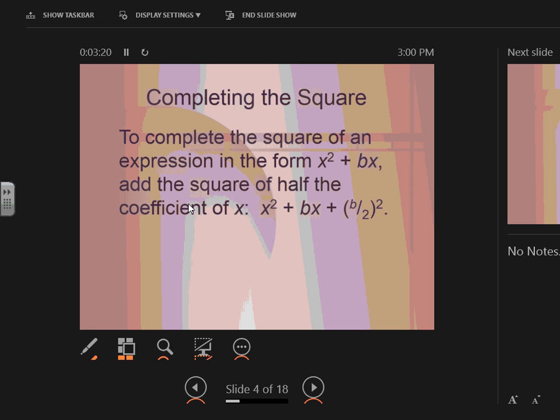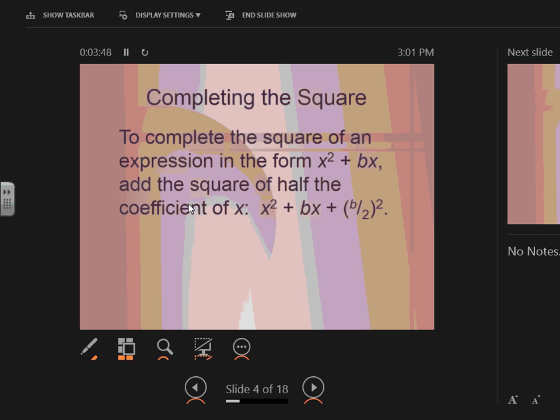Listen carefully. See where there's an x squared here? This was just x squared. See how this says b over 2 squared? Instead of that number right there would be a 9. What would this number be? Remember when we had to check to see if we could factor it? The square root of x squared is x.